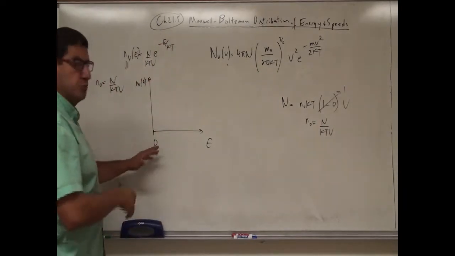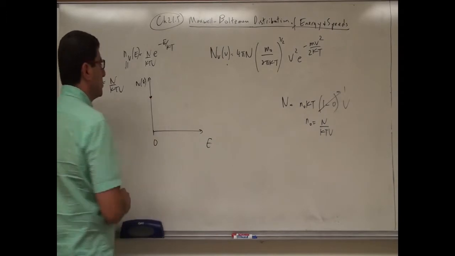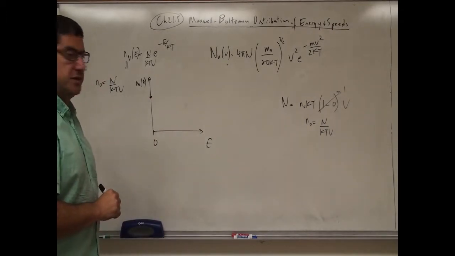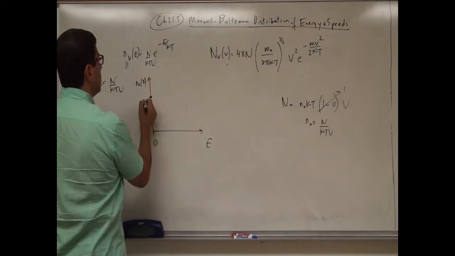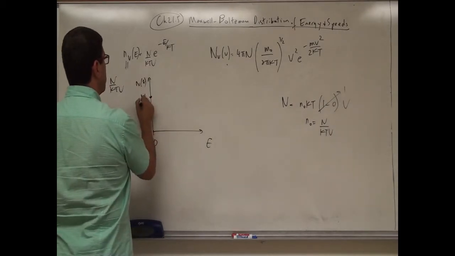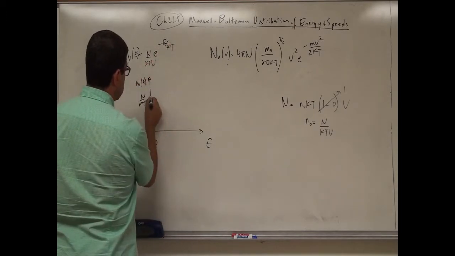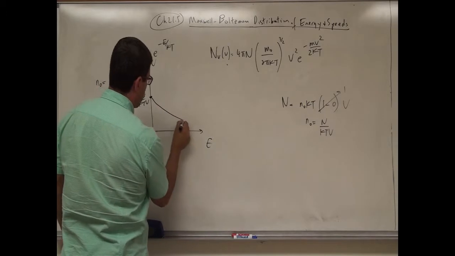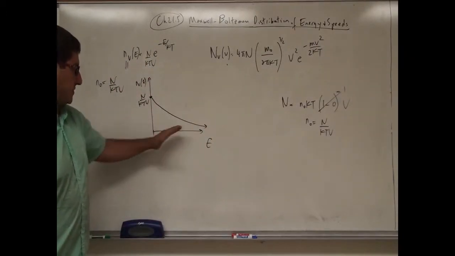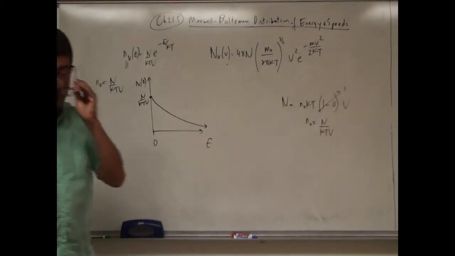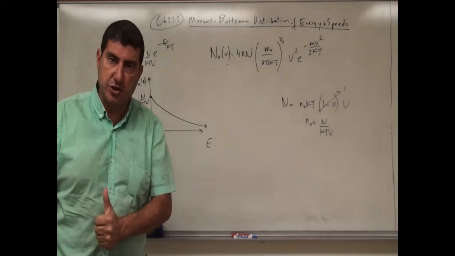But let's just assume classical physics here, that the energy was 0. So that's the lowest possible energy, 0 right here, the most preferred state. So then that's going to equal e to the 0 times N over kTV. Then as the energy increases, there's less and less likelihood for particles to want to be in a higher energy state. So what is this saying? Particles, objects naturally like to be in the lowest possible energy state.